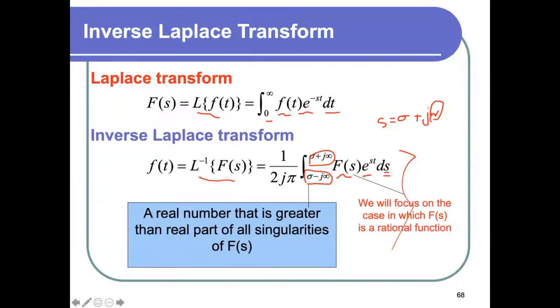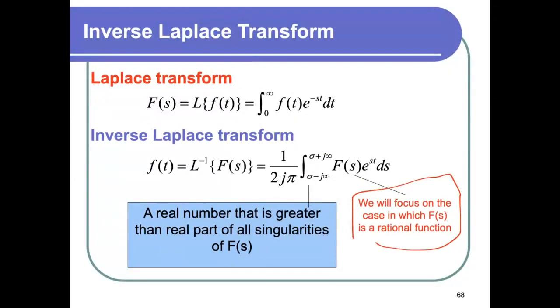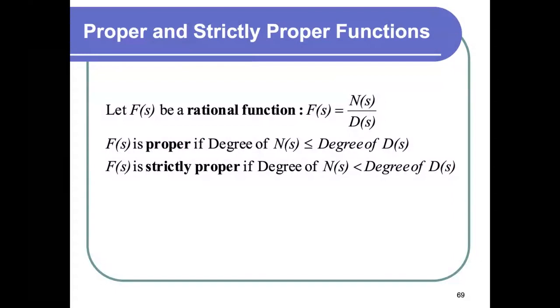We will focus in this course on the case in which F(s) is a rational function, so it's a fraction, meaning it is equal to some polynomial N(s) over some polynomial D(s).